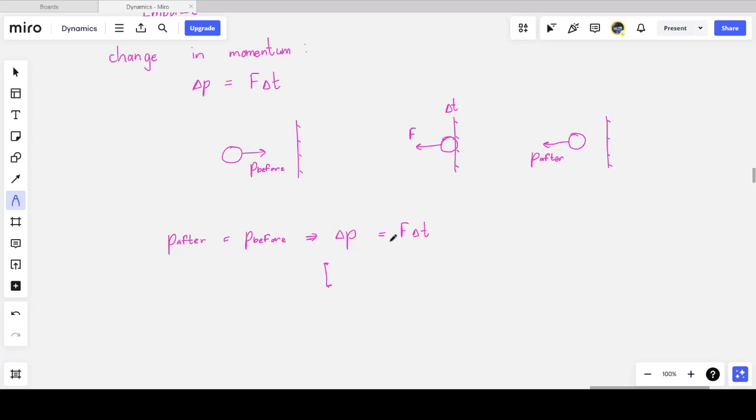So you can determine what the change of momentum would be if you knew the force and the time of the impact. Or you could even measure the force if you knew the change in momentum. And these are the kinds of calculations our brains do when we play these kinds of sports.